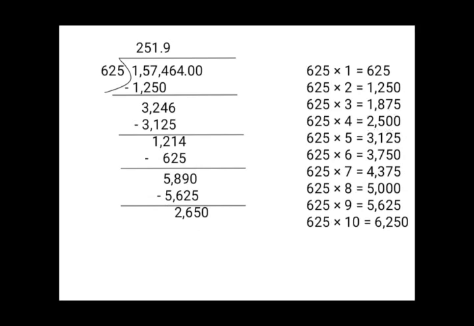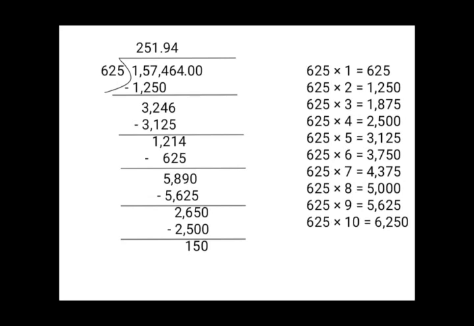So you write 2,500 and then subtract 2,650 minus 2,500. The answer is 150. The division is still continuing, so you have to stop the division here. You have to stop the division up to 2 decimal places.